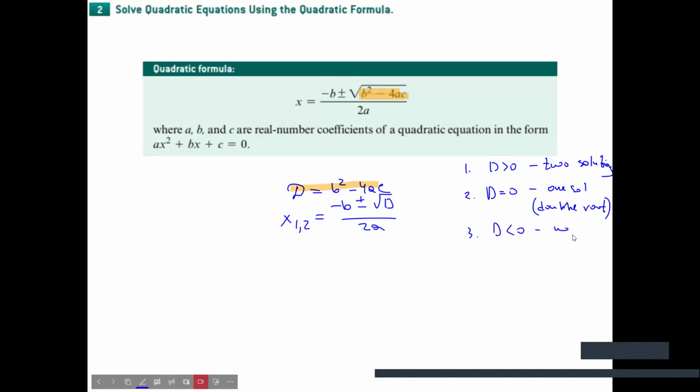No real solutions. What does that mean? The graph doesn't cross the axis, right? So that's why I prefer these two elements calculated. Not to jump right away to that formula, just calculate D first and then you see where you are. Make sense? What to expect.